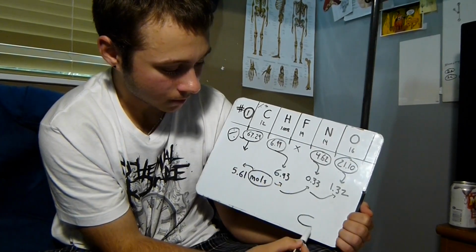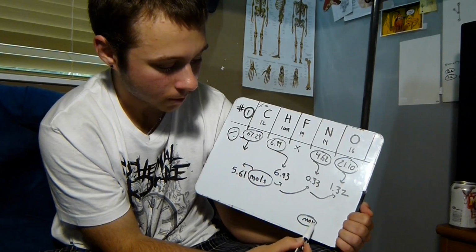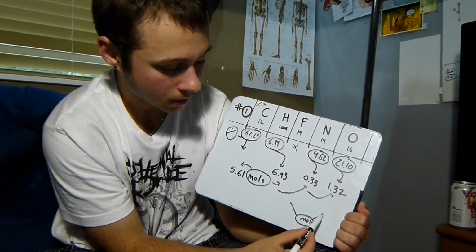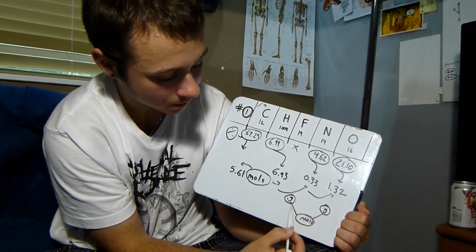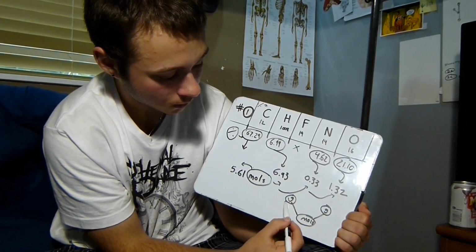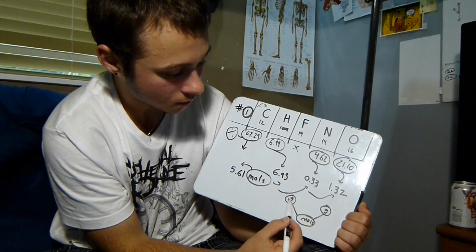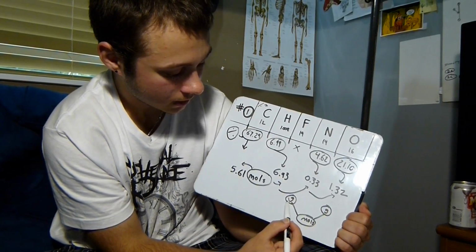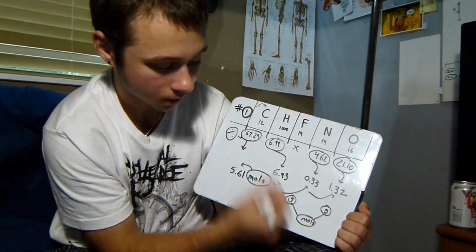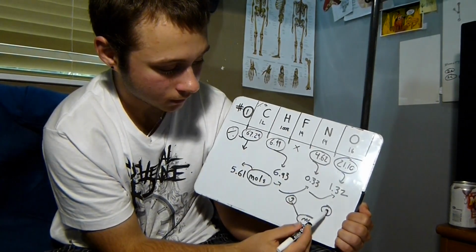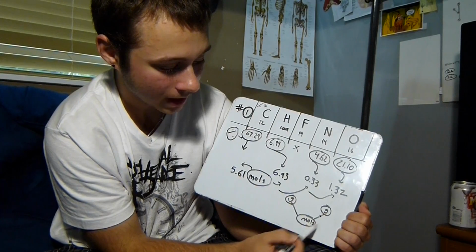It's pretty easy to remember: if you have moles on the bottom and you go up both ways, and you have grams sitting up here and grams sitting up here, then if you have the grams of a substance, you divide by the molar mass to get to moles.